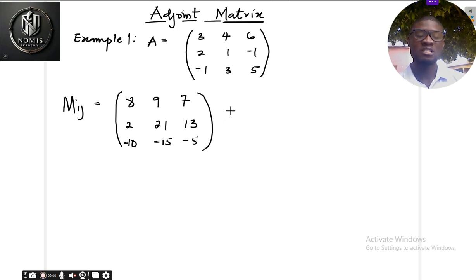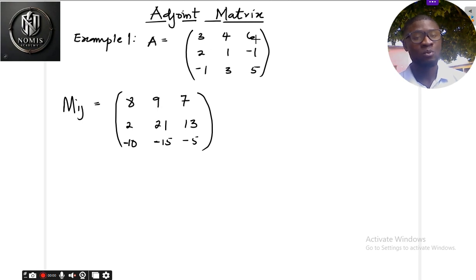But for explanation's sake, we delete a row and a column, and find the determinant. The determinant of 1, minus 1, 3, 5 gives us 8. When this column and this row are deleted, we have 2, minus 1, minus 1, 5. The determinant of that gives us 9.